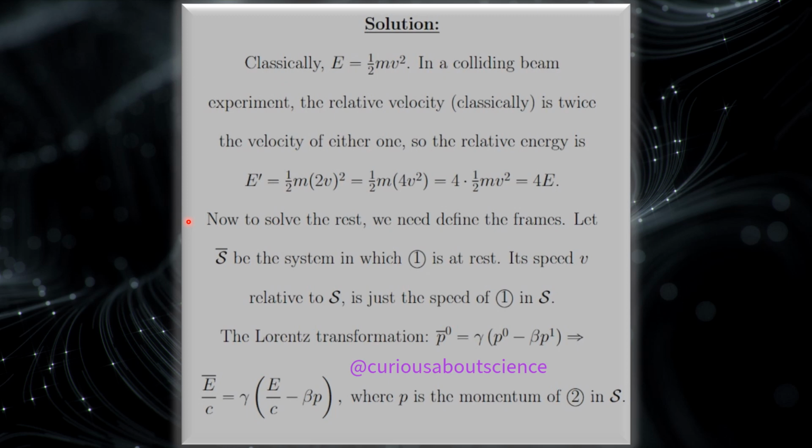So let S bar be the system in which 1 is at rest, and its speed v relative to S is the speed of 1 in S. The Lorentz transformation tells us that p bar naught is equal to gamma times (p naught minus beta p1). Again, this is the Lorentz transformation for the momentum-energy 4-vector. And that goes to E bar over c is equal to gamma times (E over c minus beta p), where p is the momentum of 2 in S. Okay, so I said a lot of words. Let's go see what these look like.